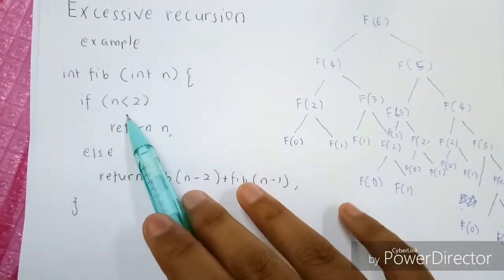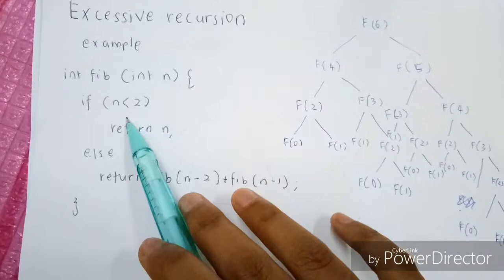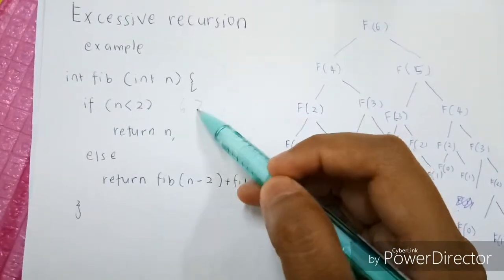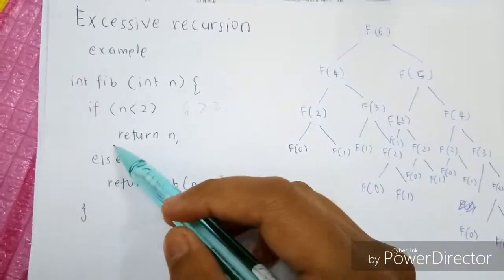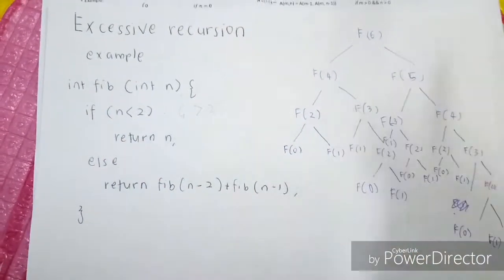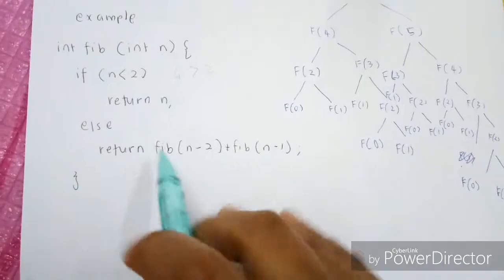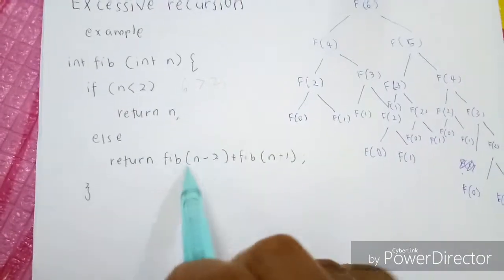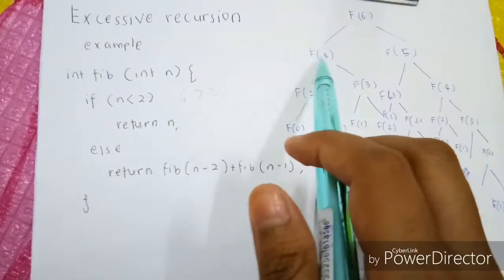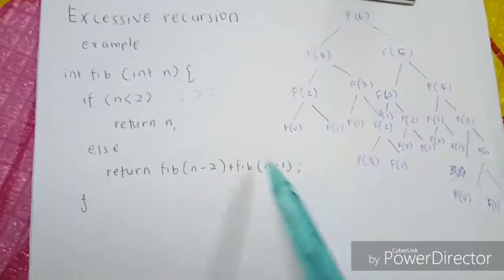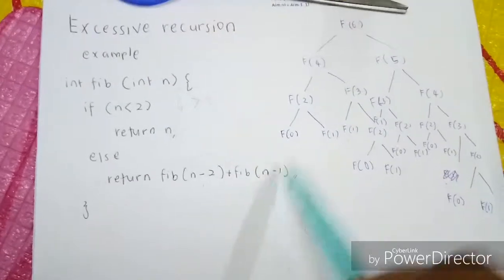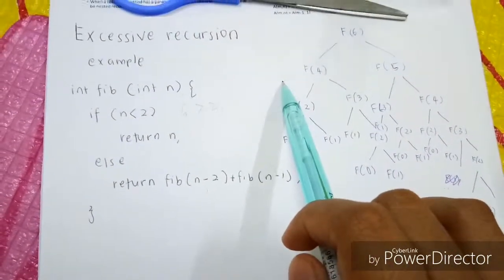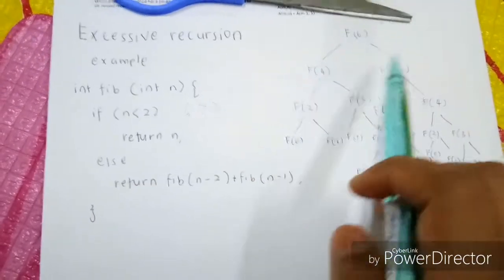Then we meet the first condition, which is n less than 2. 6 is more than 2, so it will go to the second condition. 6 minus 2 gives 4, and 6 minus 1 equals 5. Now the n values will be 4 and 5.